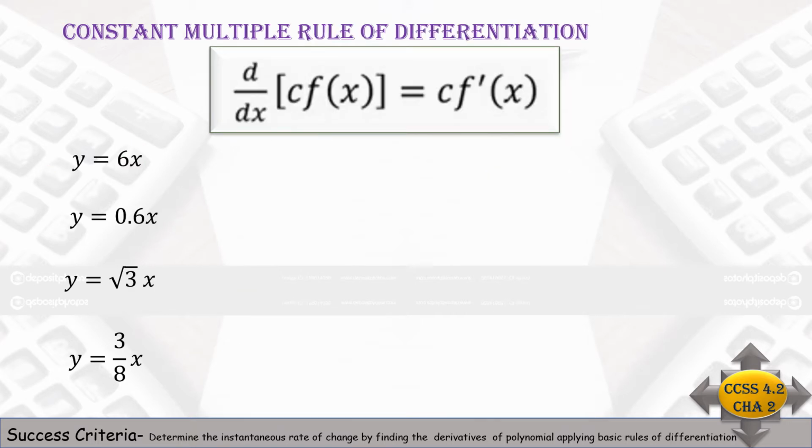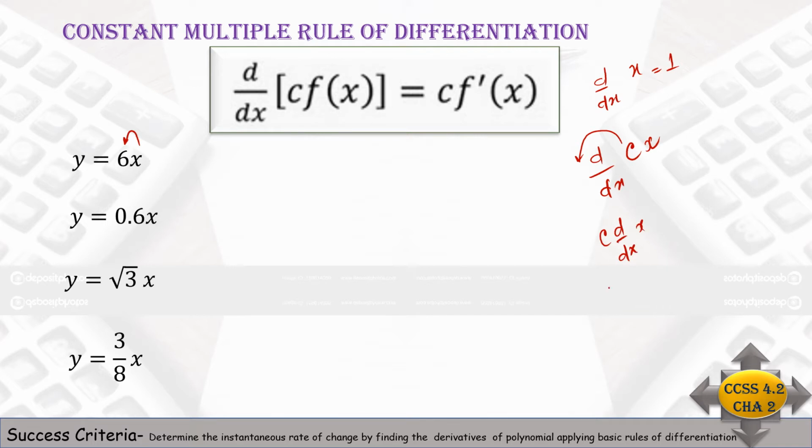Now, what will happen if x is multiplied by a constant number? The first thing: the derivative of x is equal to 1. If I ask you to take the derivative of any constant multiplying x, we know that if the constant is multiplying, you can write it before the derivative.